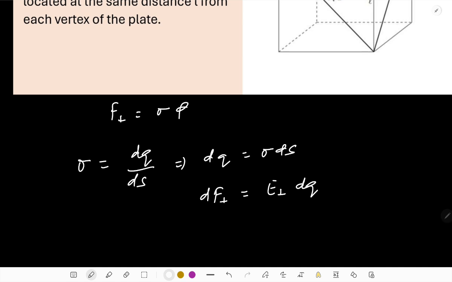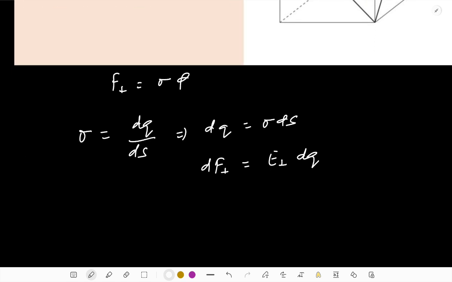So now I'm going to find out the net force acting on the plate, the normal component of the net force acting on the plate. An integration can do this. So we can integrate dF perpendicular to find the F perpendicular, and that will be simply, I would like to write E perpendicular.